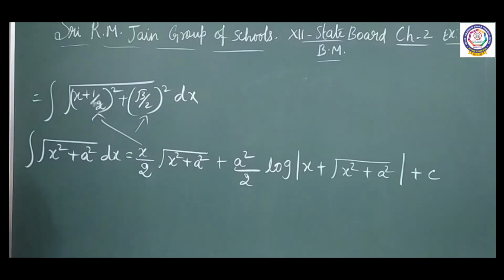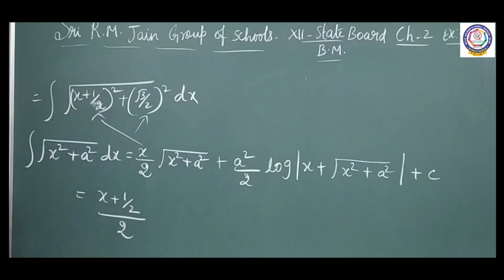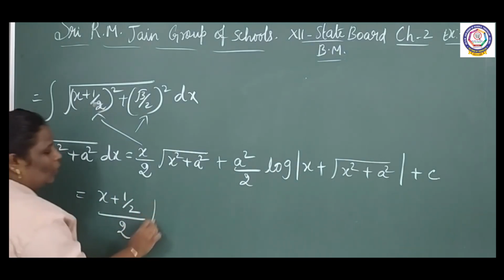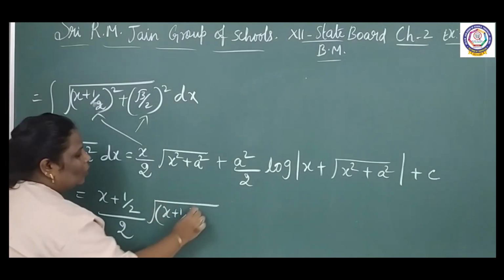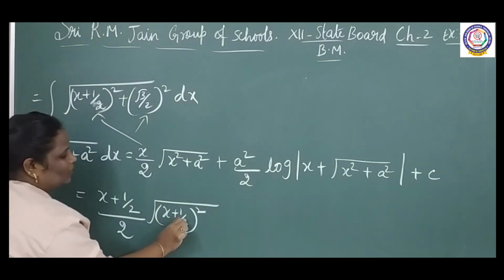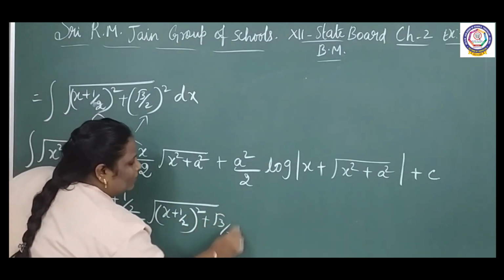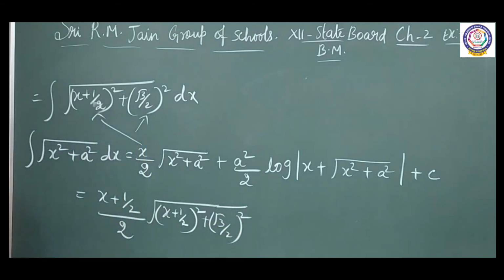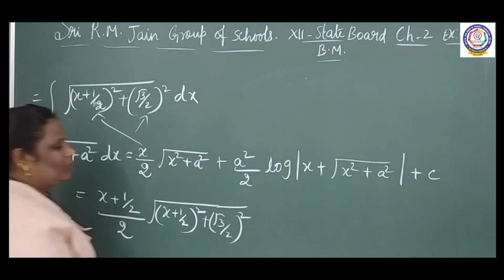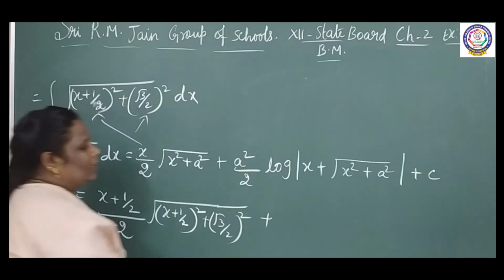Root 3 by 2. So it gives x plus 1 by 2 by 2 root of x plus 1 by 2 the whole square plus root 3 by 2 the whole square, plus a square. A square is what?